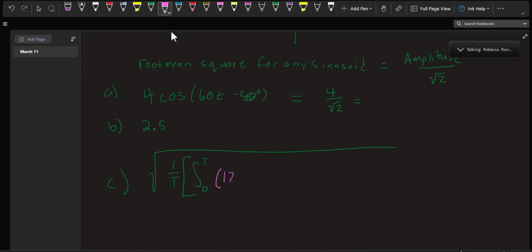So just take my function, 12 minus sine 2t plus 45 degrees, squared, dt, and do that.